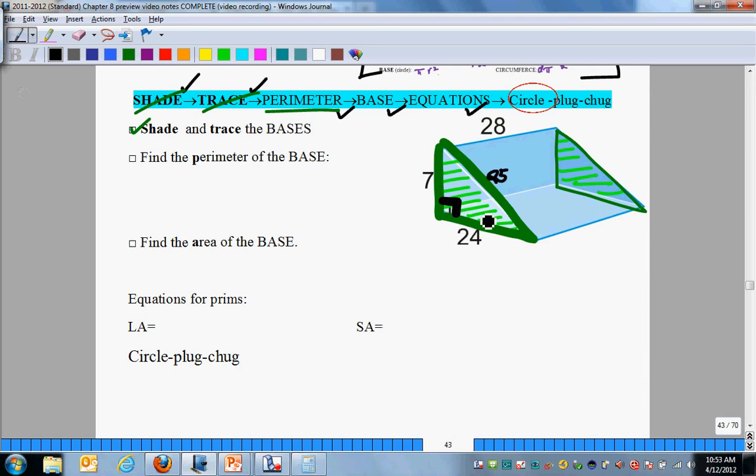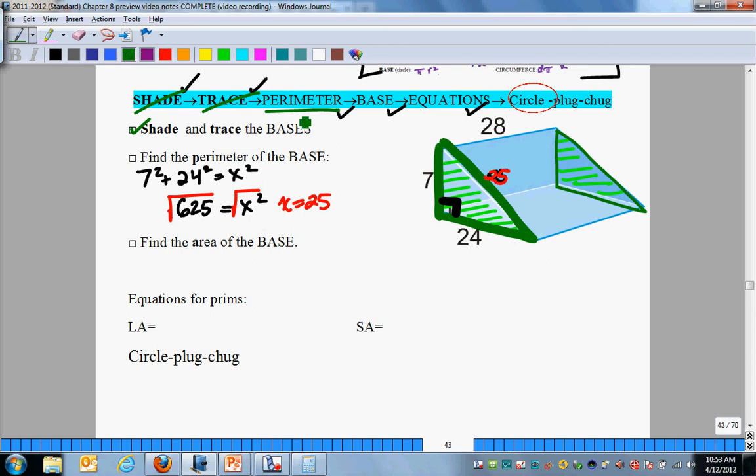If you have no idea where that 25 comes from, you must do it longhand, which would be like so. 7 squared plus 24 squared equals unknown squared. You solve here, you're going to end up with 625 equals x squared. You square root, you're going to end up with x equals 25.